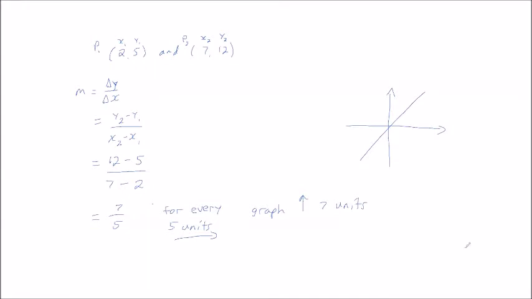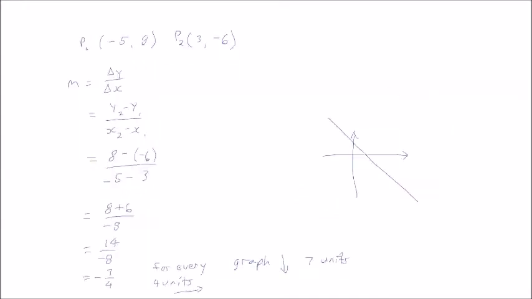Okay, and that's basically it. So when you have a line passing through 2 points, (0, 3) and (8, 12), then again we can find the slope going through those 2 points.